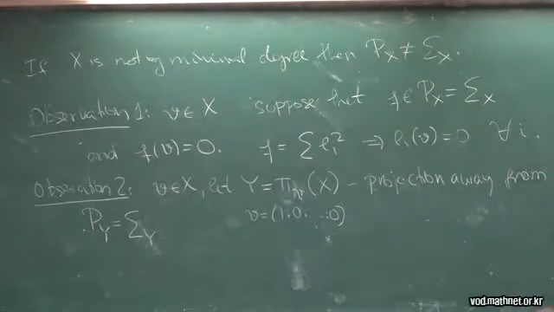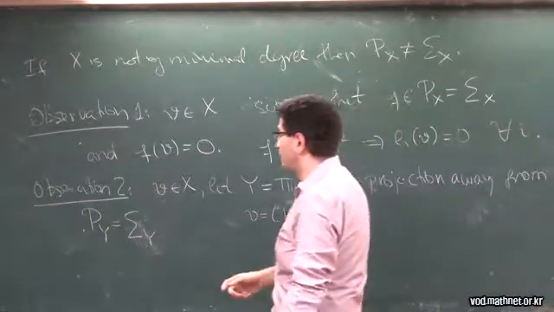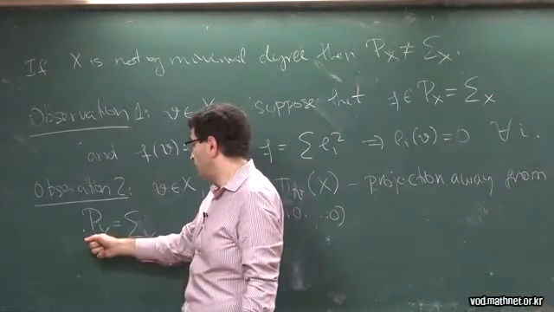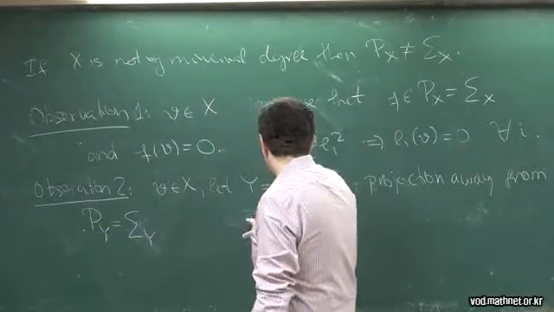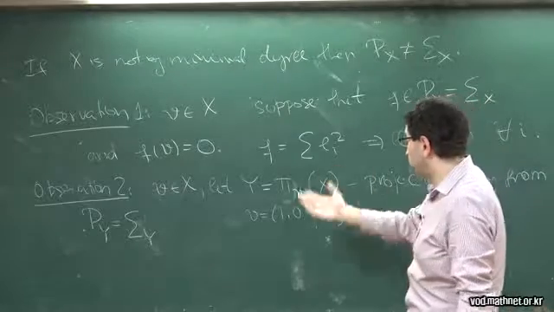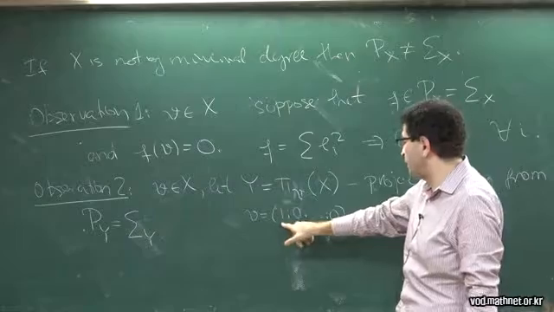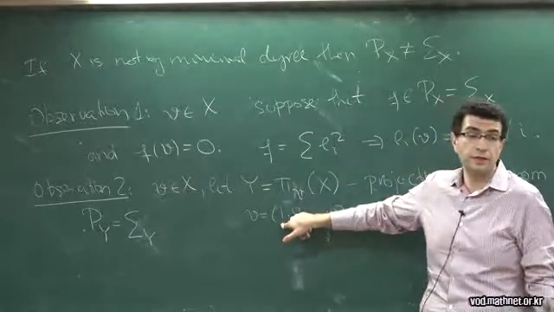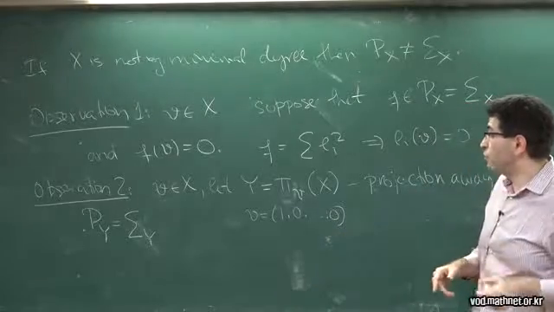Well, how can I think of a non-negative polynomial on Y? If I project away from this point, then I can think of this as having a quadratic form on X, and then I just forget everything that depended on X0. I just delete these things.